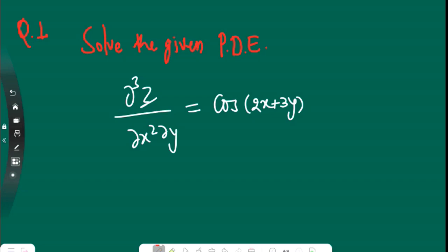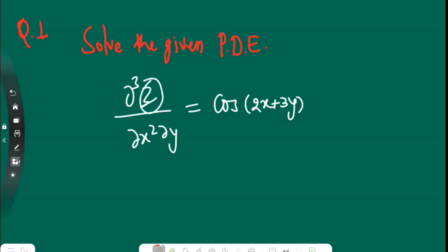So you can see in this equation z is the dependent variable and x and y both are independent variables. By solution, we mean we have to find out the value of z in this equation. We are going to solve this for z. What is the value of z?